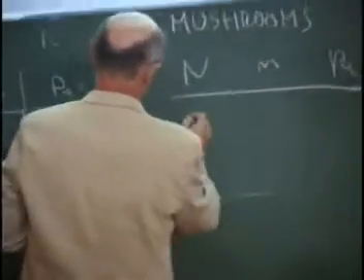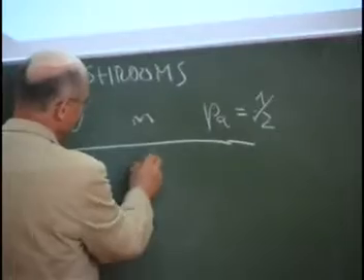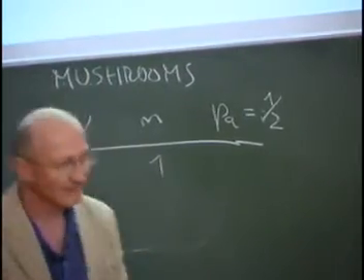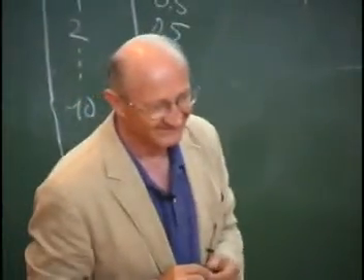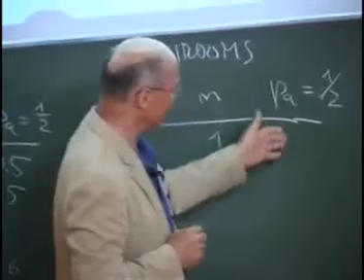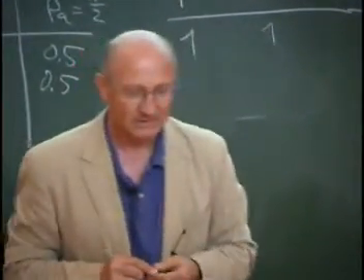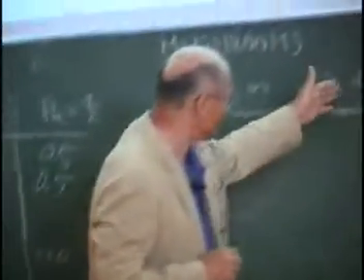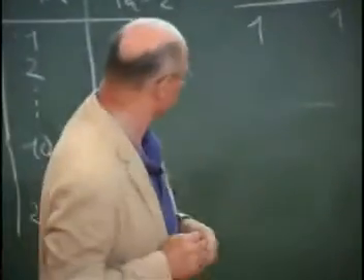Now we take one dog. The dog eats the mushroom, and the dog dies. And we are measuring the probability that the mushrooms are poisonous. So now we started with 1/2. What would you say now? Shall we do it the same way as here?